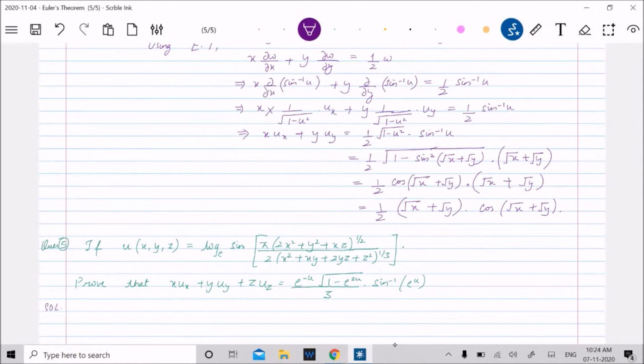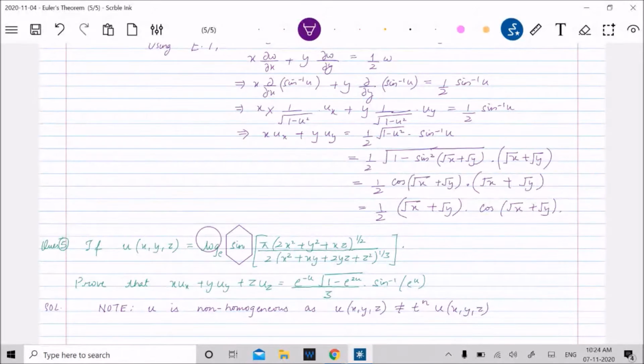So see that it's again a note. U is non-homogeneous as u of tx, ty, tz cannot be expressed as t to the power something times u of x, y, z, just because of the presence of these two transcendental functions.